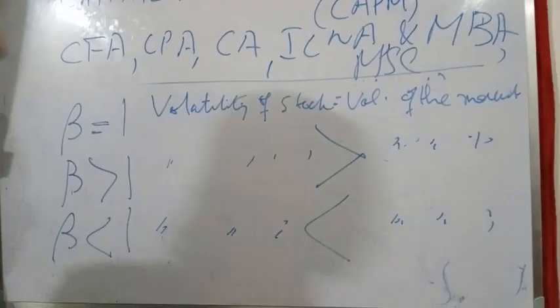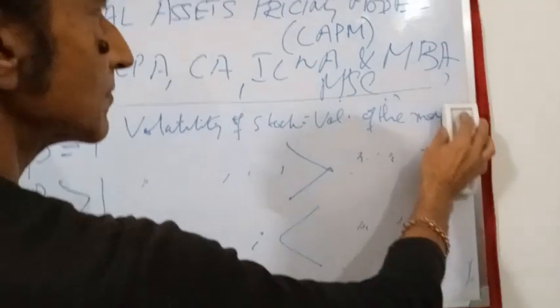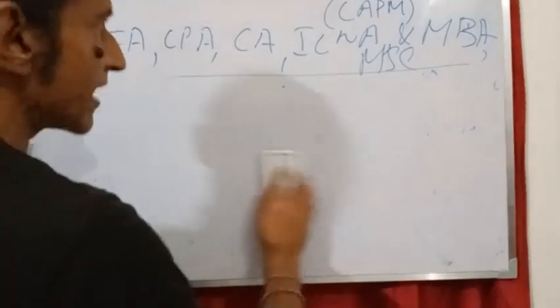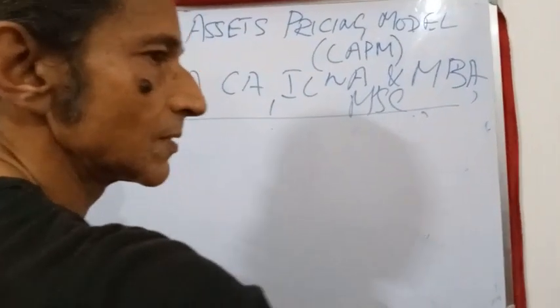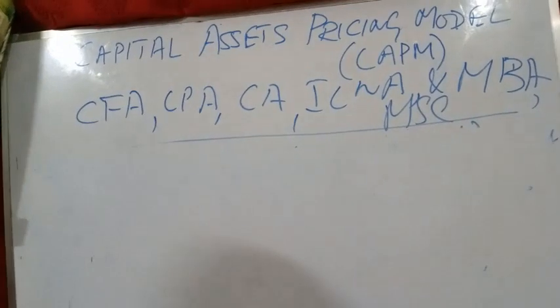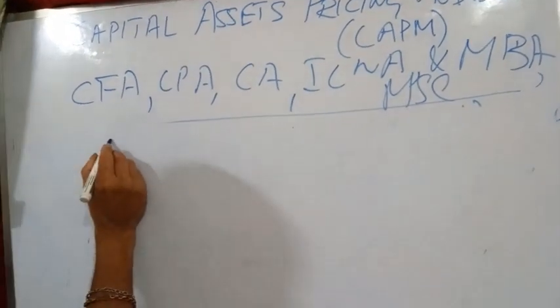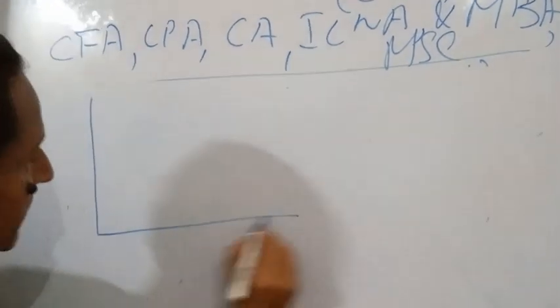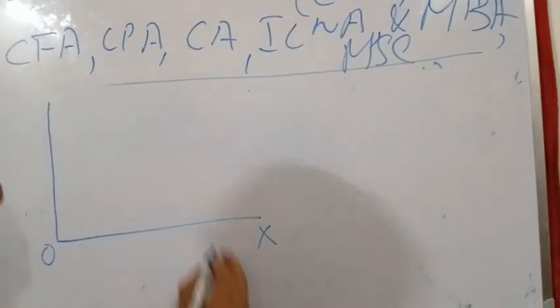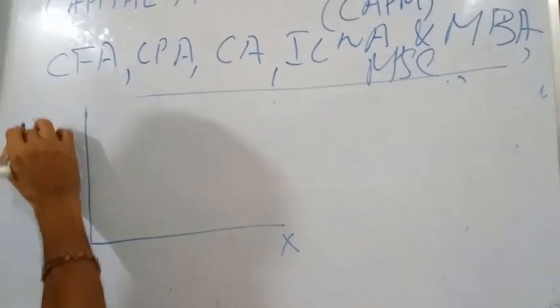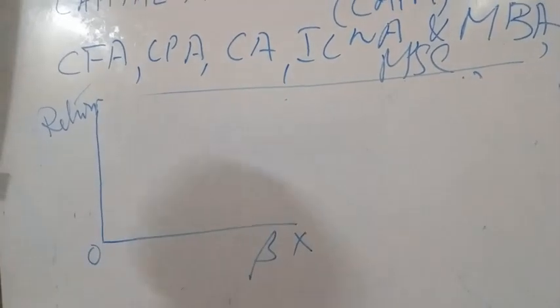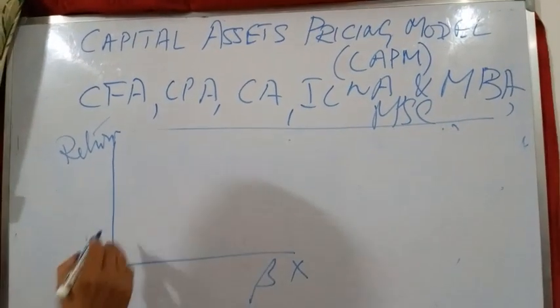Now, if we draw a diagram incorporating risk-free return and risky returns, what will we get? Return and beta. Say this is the risk-free return.